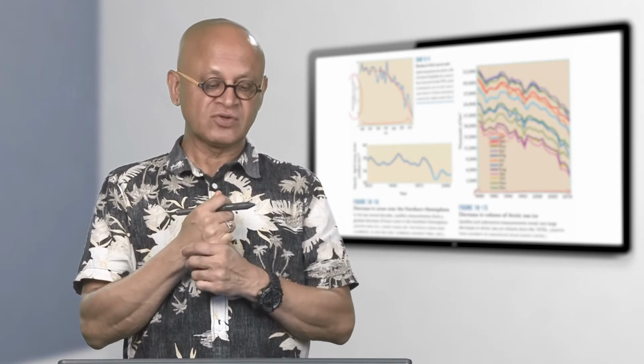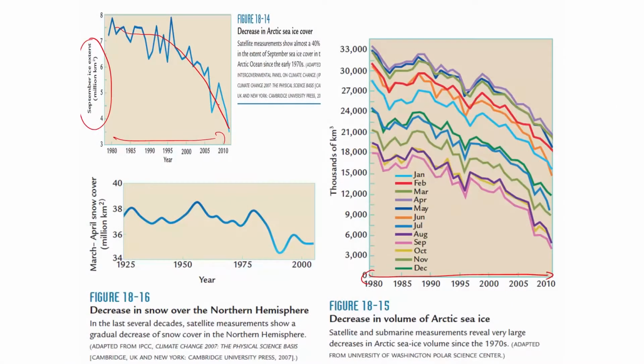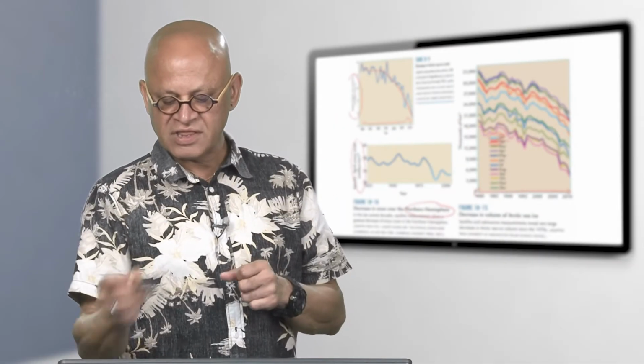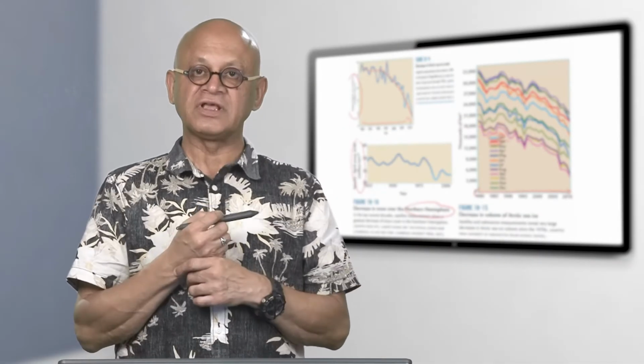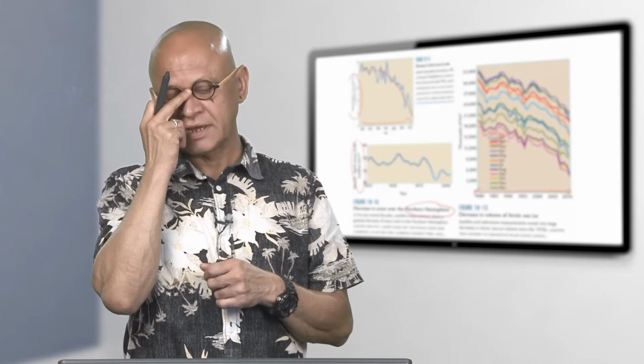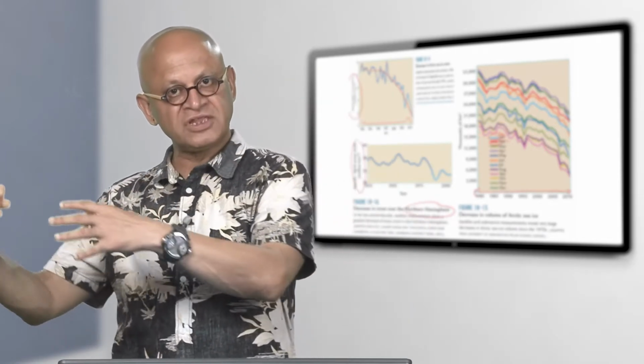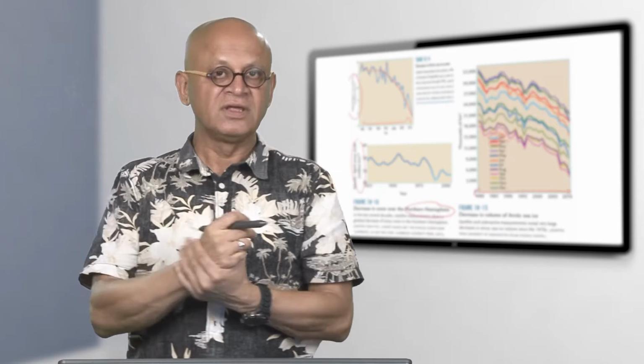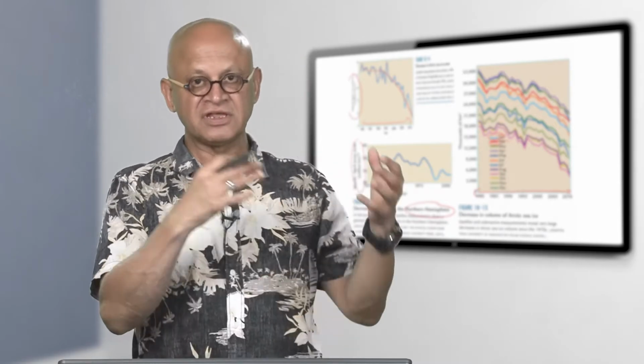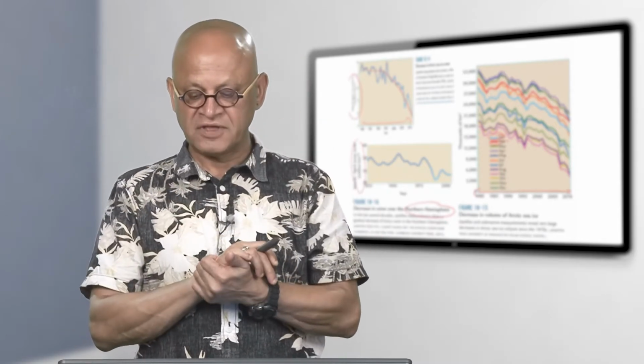Everything in life comes down to risk assessment, and it's clear that we have to be careful. Especially when you look at the changes in the volume of Arctic ice, every single month has been dropping during that time. That doesn't seem like natural variability, because natural variability is, remember, El Nino peaks in December, January, February, and not in other seasons. Similar things happen with other modes of natural variability.